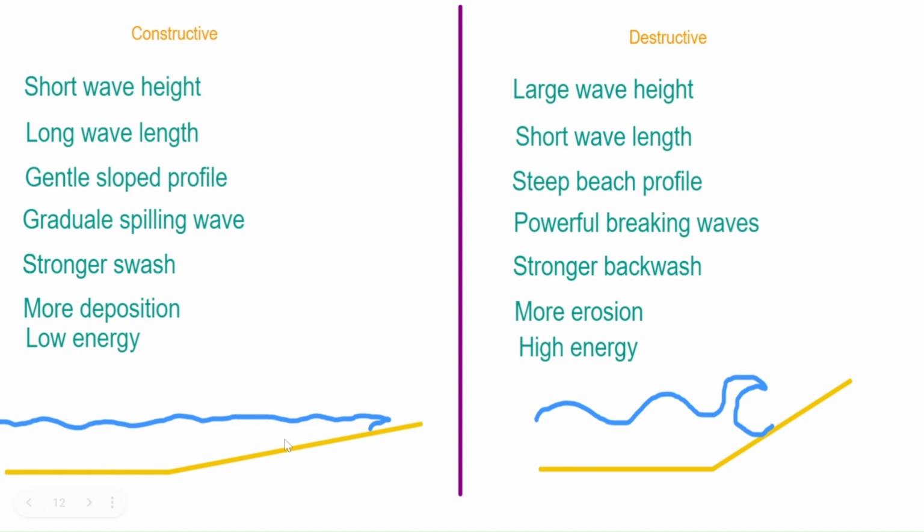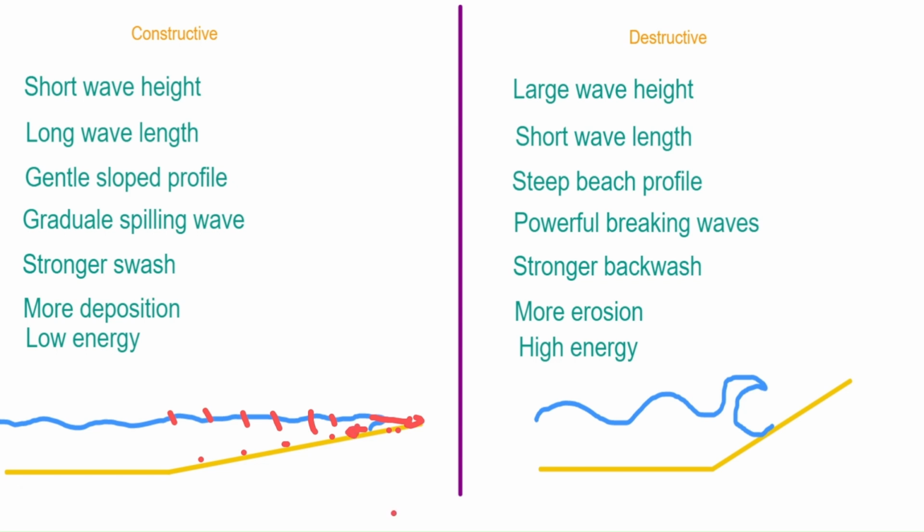This creates a stronger swash than backwash. This is because it starts to break further out, so the energy is slowly being dissipated as the shoaling process begins further out in a more gradual way, meaning that deposition happens on its way in, and then as the wave breaks on the shore with little energy, it deposits what it has left, and then a weak backwash returns to the sea.